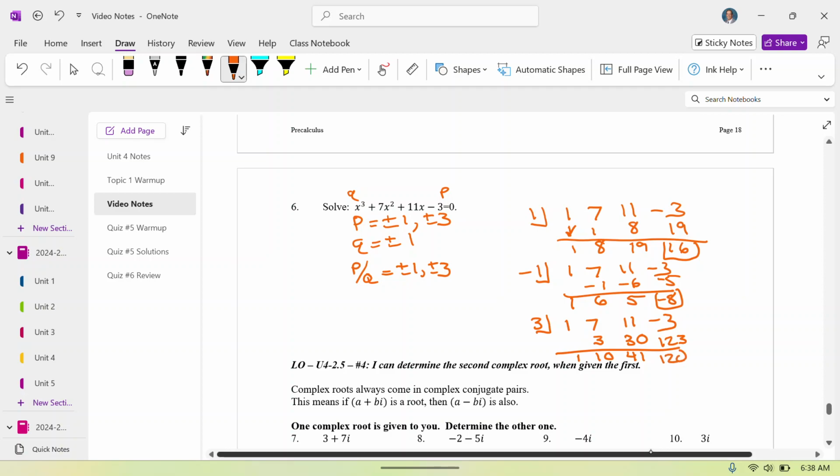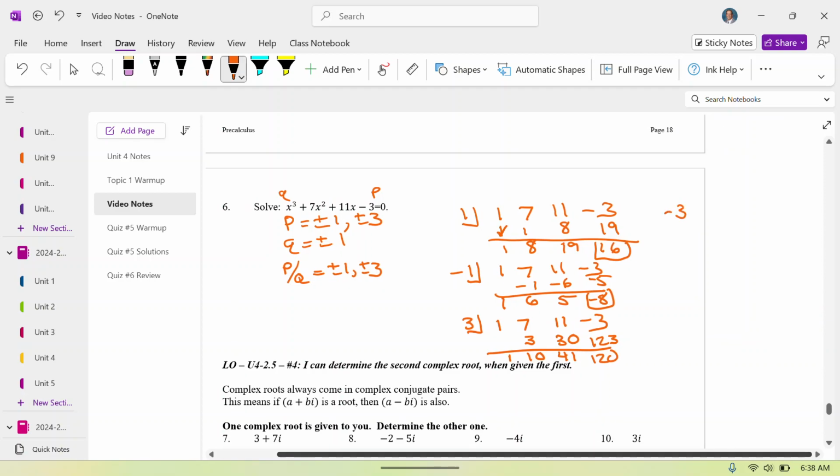So negative 3 should work, but let's just put it in because it's the only one left. 1, 7, 11, negative 3. So now let's bring down the 1. 0. All right, so we're left with x squared plus 4x minus 1 equals 0.